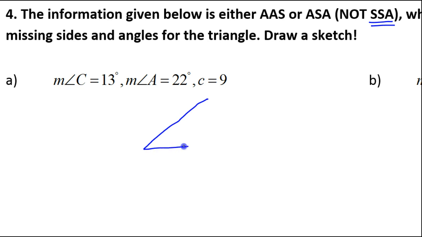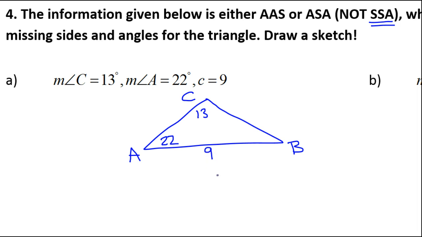Okay, so here's our diagram. Let's see, so I have angle A. I'm just going to go ahead and call this angle A, angle B, and angle C. So angle A is 22 degrees. Angle C is 13 degrees. And side C is 9. So that's going to go right here.